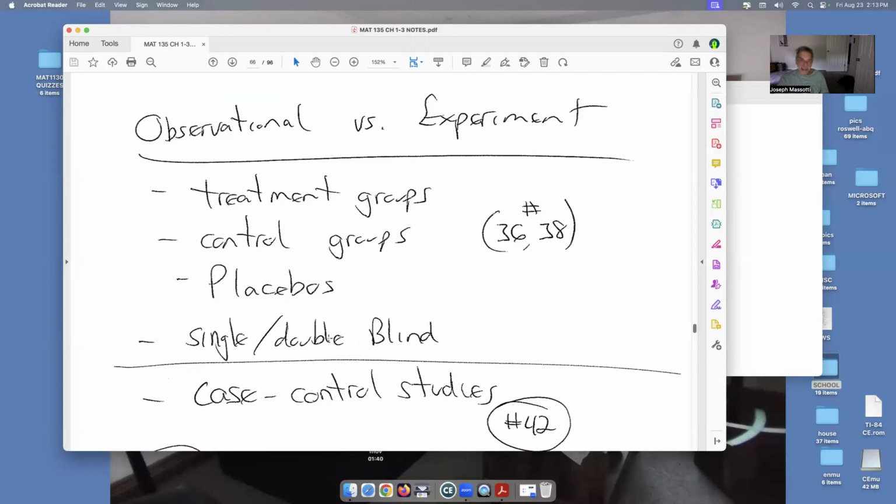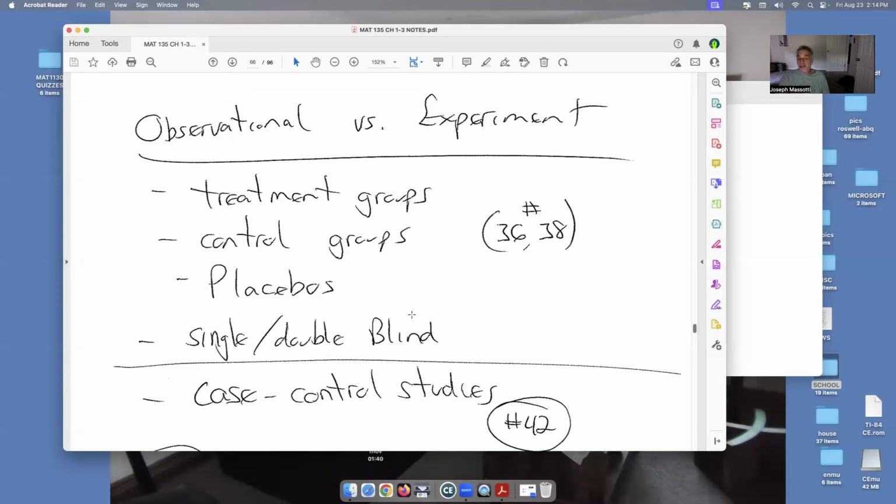Single and double blind refers to who is aware of which group is getting what. A single blind study means that the individuals in the study, remember individuals being people, places, or things, and I guess this would only apply when they're people, don't know if they've received the treatment or not. In other words, they don't know if they're in the treatment group or the control group.